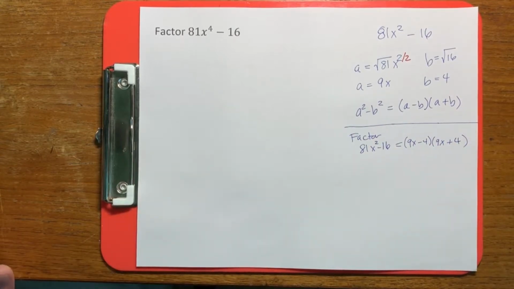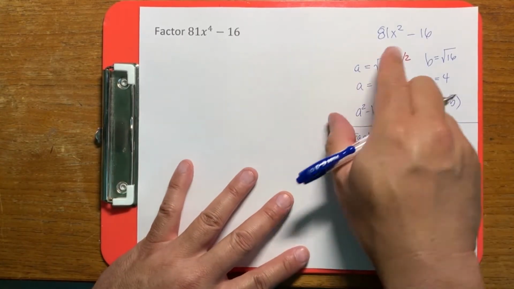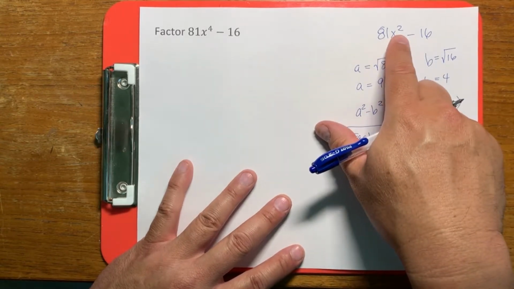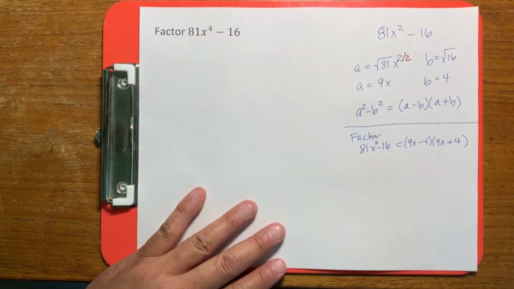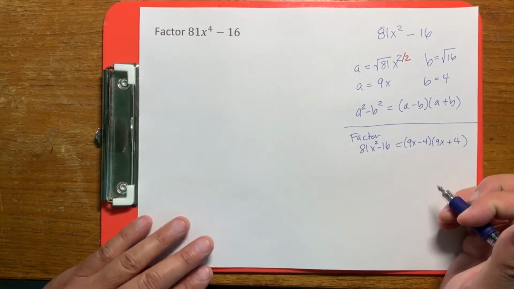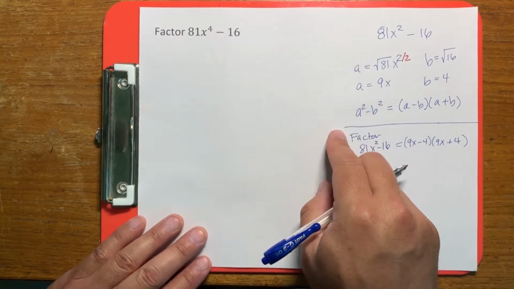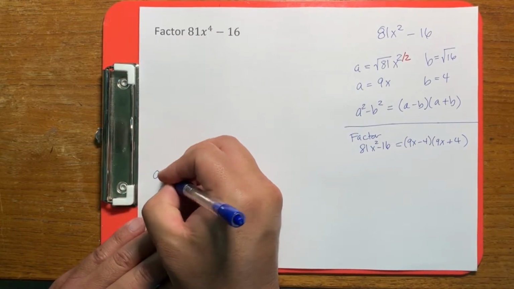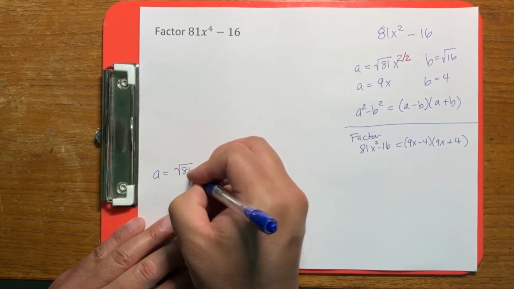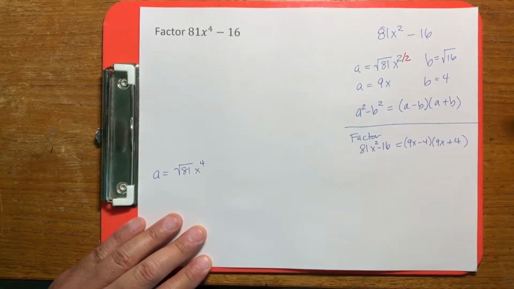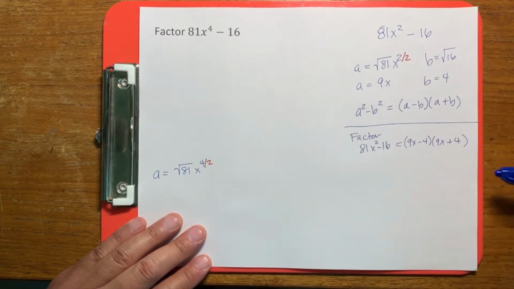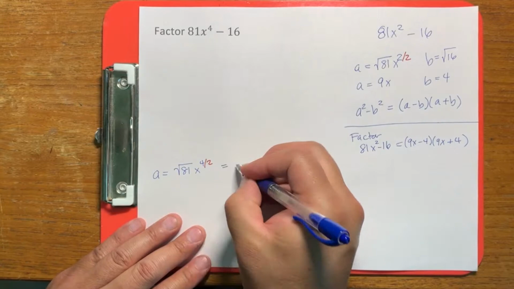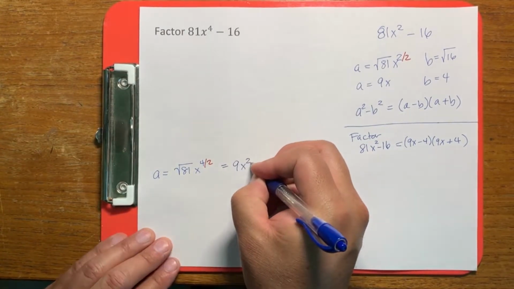Okay, now the key thing is that this worked when this was a 2. It'll also work when this is a 4, but we have to be careful. When we try to compute our a and b, a is still going to be equal to the square root of 81, and then we're going to divide that 4 by 2, just like we did over here, so that we'll get a is equal to 9x squared.